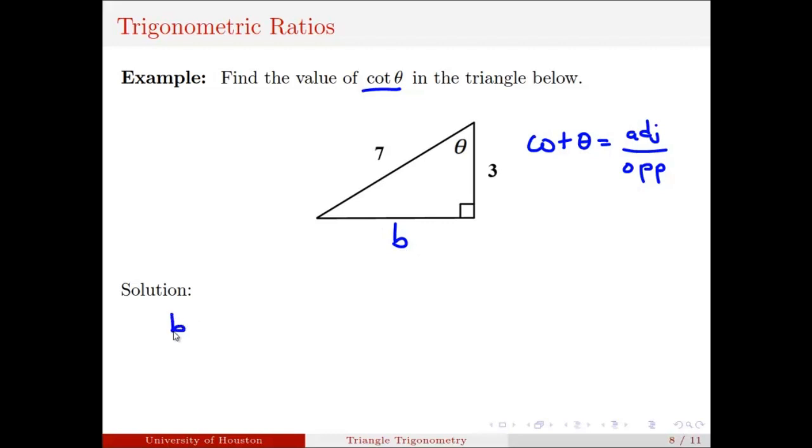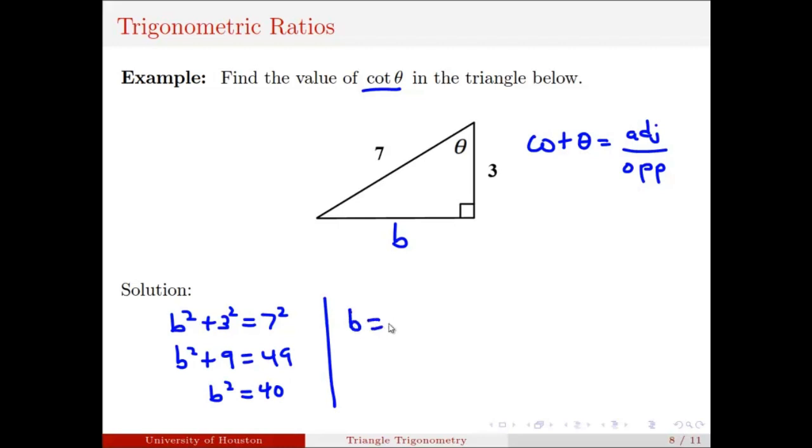We have b squared plus 3 squared equals 7 squared, which means b squared plus 9 is 49, which means b squared is 40. Therefore, b is the square root of 40, which we can write as the square root of 4 times the square root of 10, which means that b is 2 square root of 10.